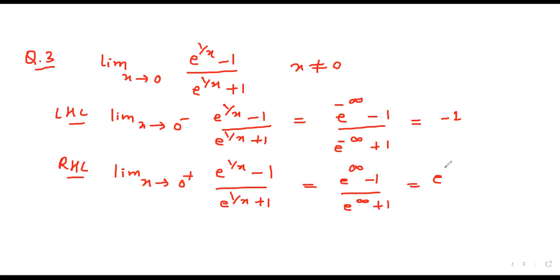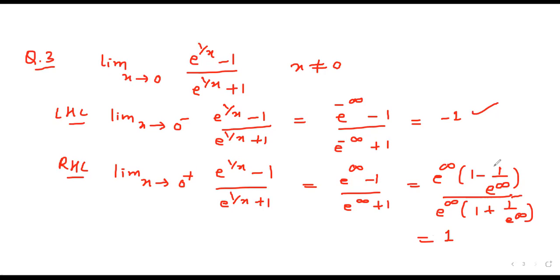If we take e to the power infinity common, we will be left with 1 minus 1 upon e to the power infinity, divided by 1 plus 1 upon e to the power infinity, and e to the power infinity equals infinity. So the second term of each bracket will become 0, and e infinity will cancel out. So ultimately we will get 1. But here LHL is minus 1 and RHL is 1. So both limits are not equal. Hence limit does not exist.